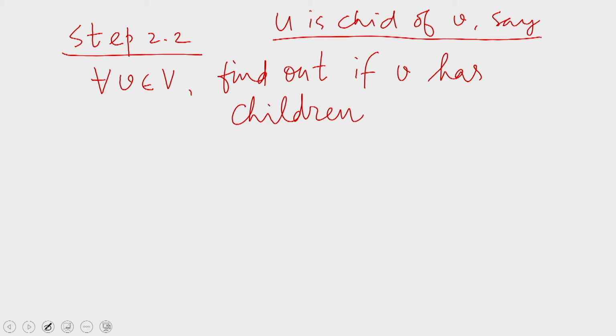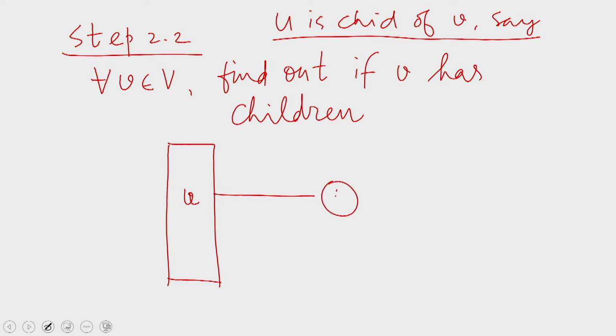If u happens to be a child of v, of course, in the adjacency list of u, there is an entry for v, and this entry has already been found out by you in step 2 1.